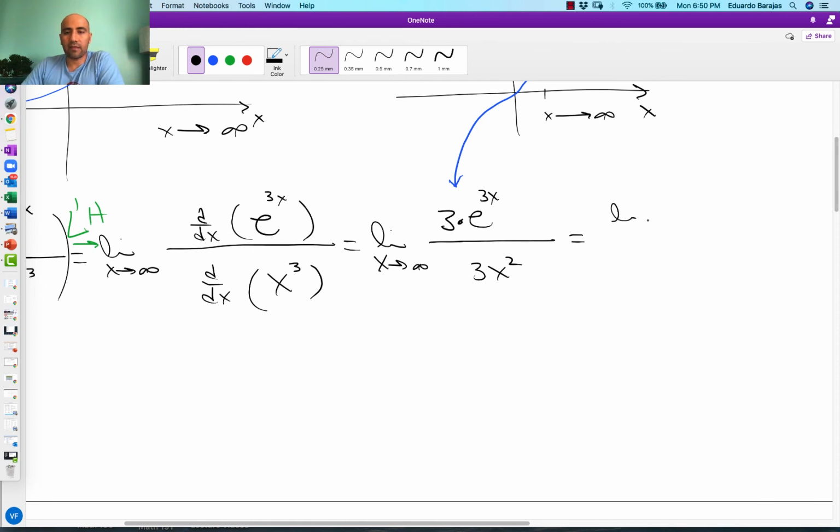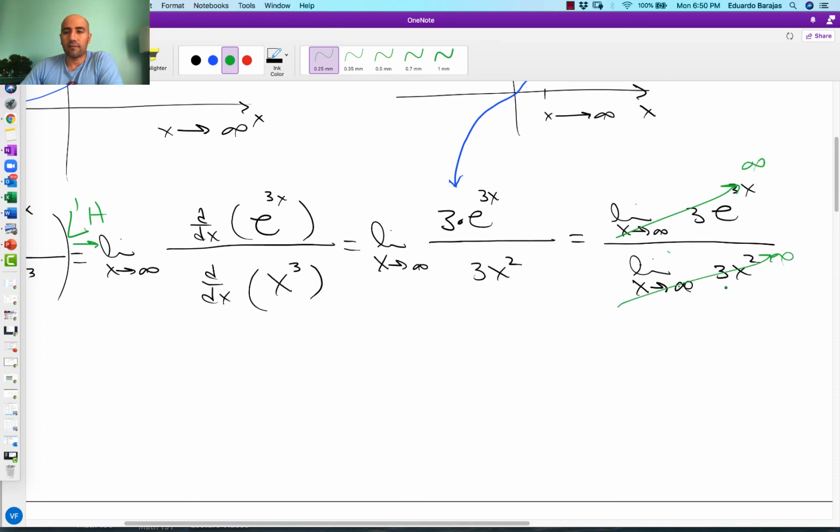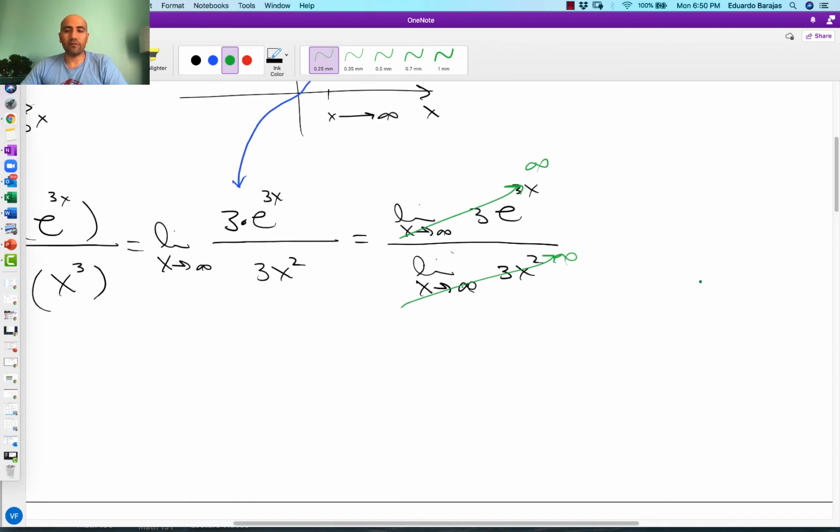If I think about the limit as x approaches infinity of 3e to the 3x divided by the limit as x approaches infinity of 3x squared, I'm still going to have infinity there and infinity there. So this is still an indeterminate form of type infinity over infinity.